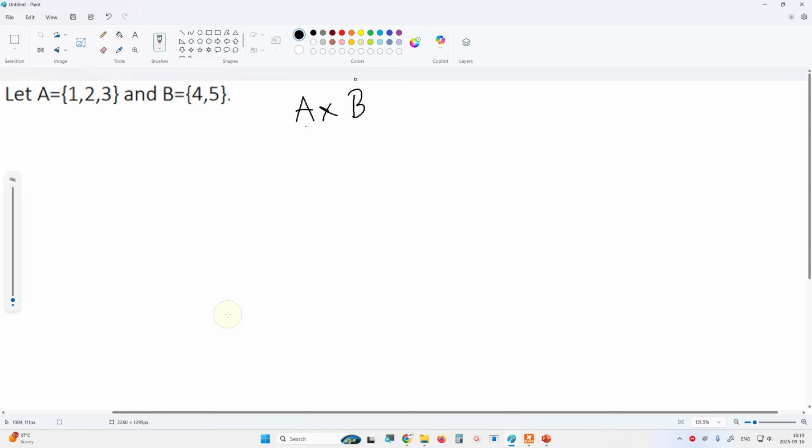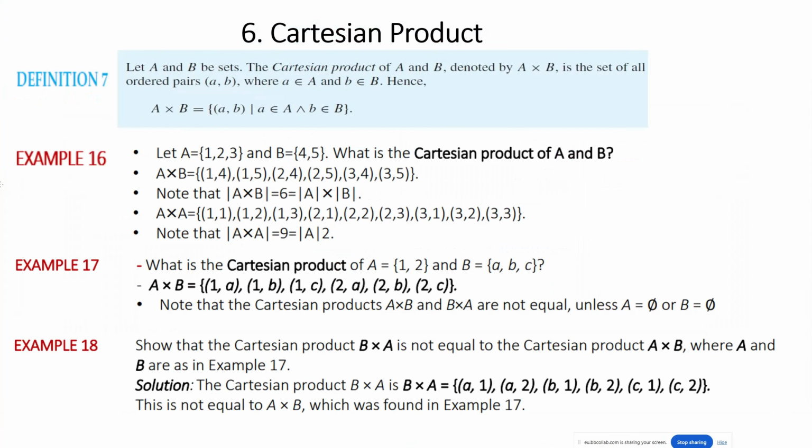When we have the Cartesian product of these two, we're going to take one element. Every element of the result has two parts. It is denoted as an ordered pair. I represent it like this.